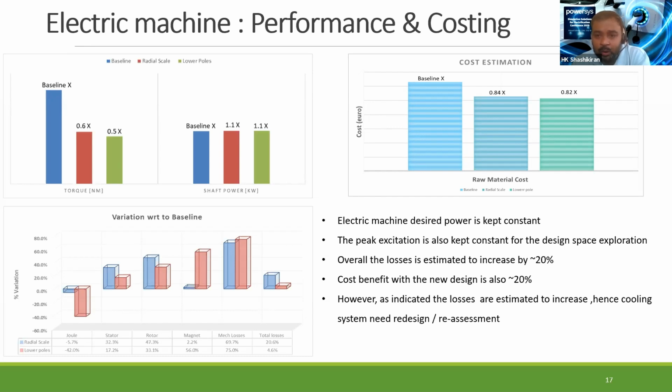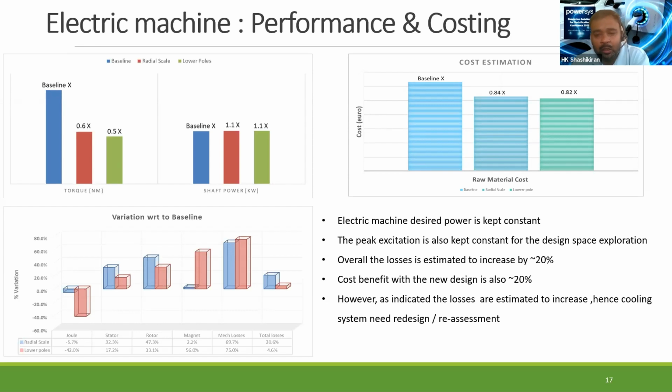If you look at the overall cost, the overall cost of the raw material has come down by 20%. With the radial scale machine, we are hitting 0.84 of the baseline cost and 0.82 from the material cost. But of course, as we are decreasing the overall surface area available for cooling, it needs a little bit more aggressive cooling.